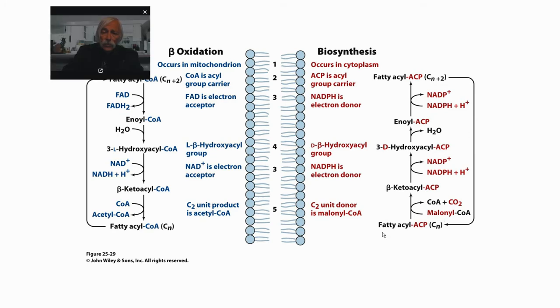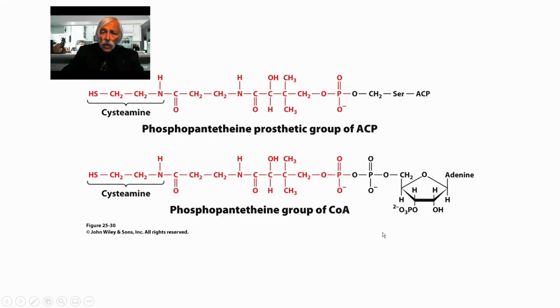So let's continue on here from this slide, and let's look at the phosphopantetheine prosthetic group of acyl carrier protein. So this is a protein. This is a serine residue in the ACP, and that serine residue is going to possess this phosphopantetheine prosthetic group right here. Okay?